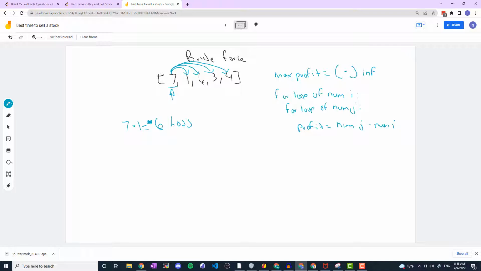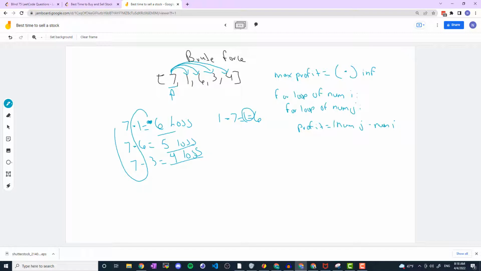Seven and 6 is going to be 5. 7 and 3 is going to be 4. So in order to denote a loss, we have to actually change these numbers around. So we have to say 1 minus 7, to actually denote with the sign of this number that it is a loss.